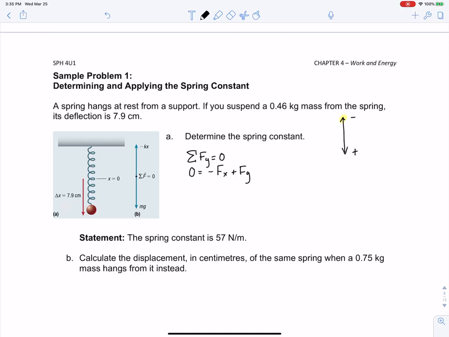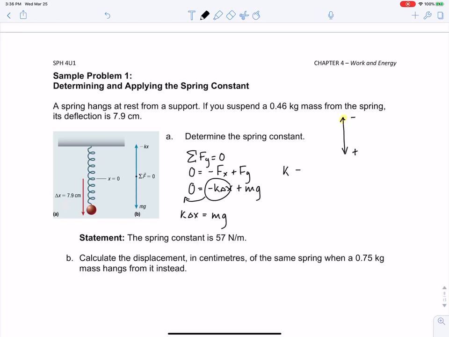We can replace these with equations. 0 equals negative K delta X plus mg. Let's rearrange to solve for K. If we bring this over the equal sign, we have K delta X is equal to mg.